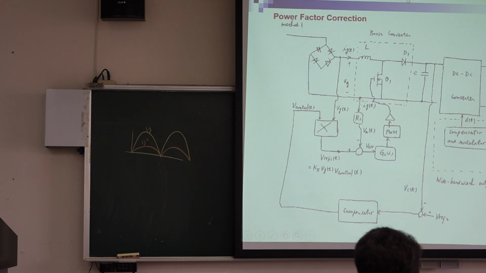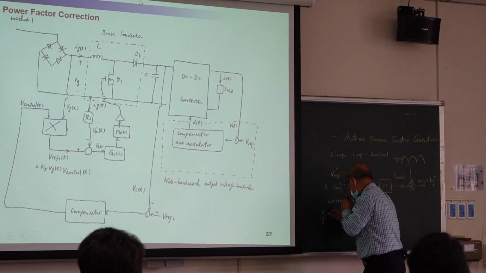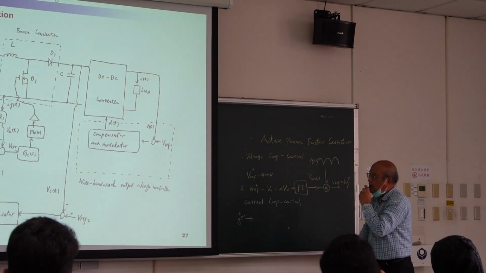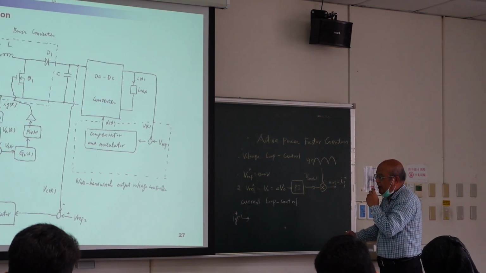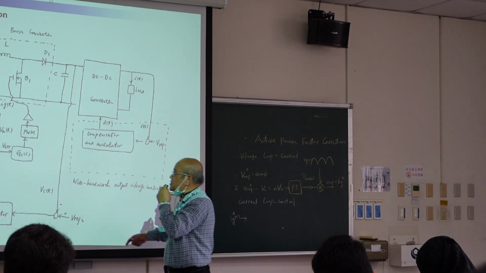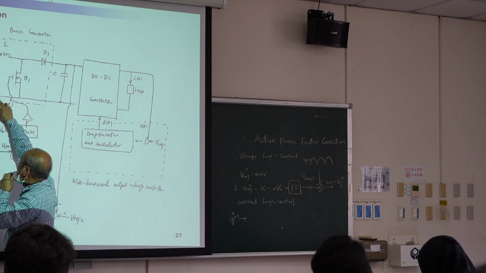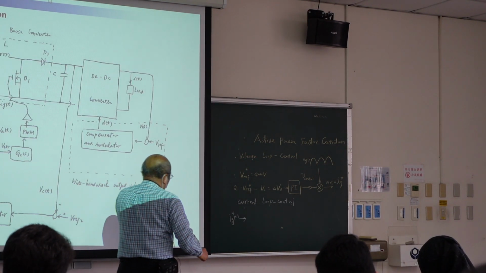Okay. Then we have to design current loop control. What is current loop control? We input desired current. So desired current is IG star. Here, IG star. Then we have to compare desired current and the real current. So we feedback the real current.